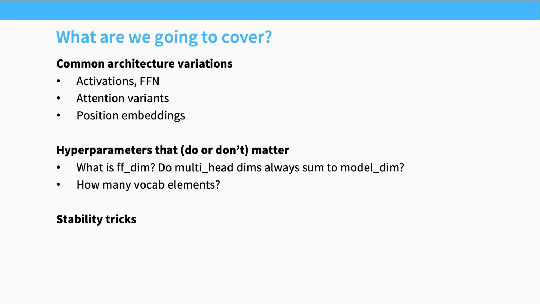And the reason why I'm going to talk about that in this lecture is because these stability tricks have a pretty close connection with the architecture variation, right? One of the things that, at a higher level, I want to impress upon you is that architectures are actually a very complex set of trade-offs, right? What does an architecture have to do? Well, it has to learn from data, so it has to generalize.